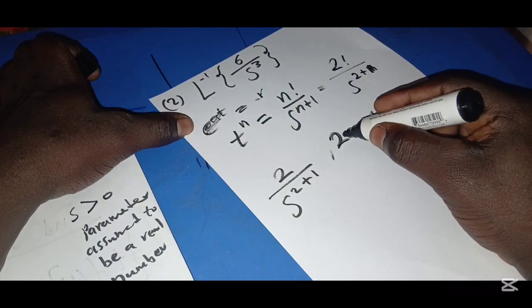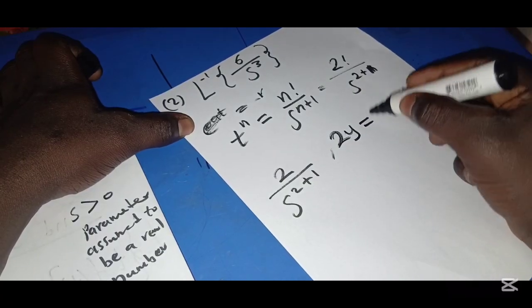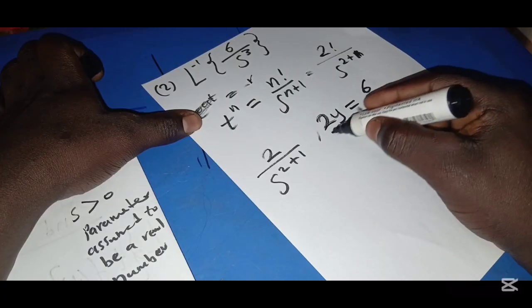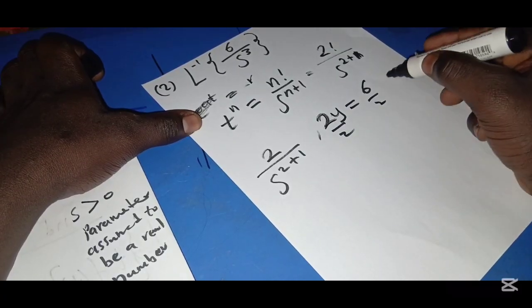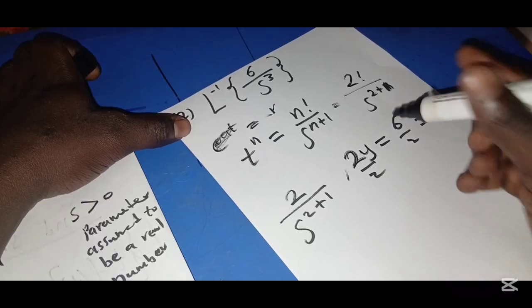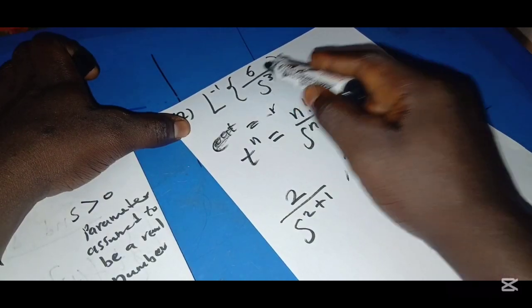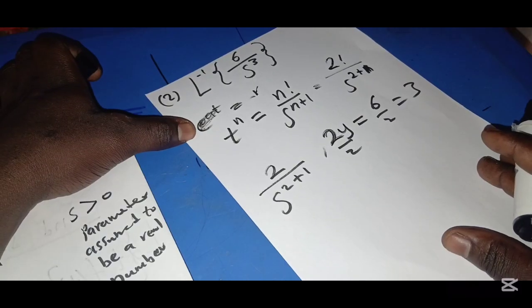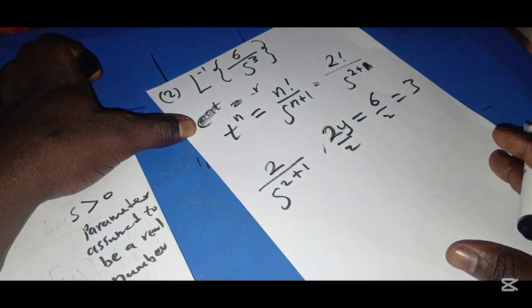So let's call that thing y, to give me a fake numerator, which is 6. So evaluating this, I'm going to get 3, right? You can see straightforwardly that 3 times 2 is going to give us 6. But if you're not good at guessing, you can do it this way.